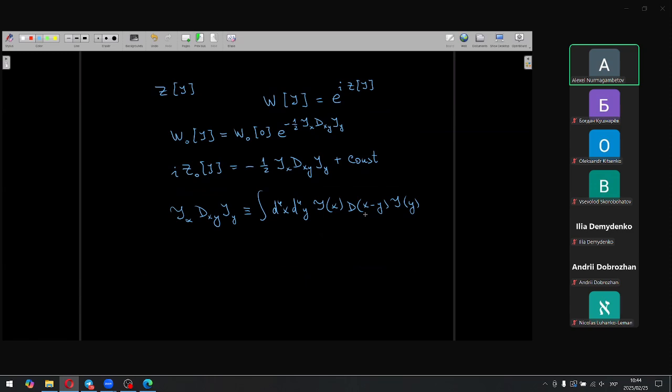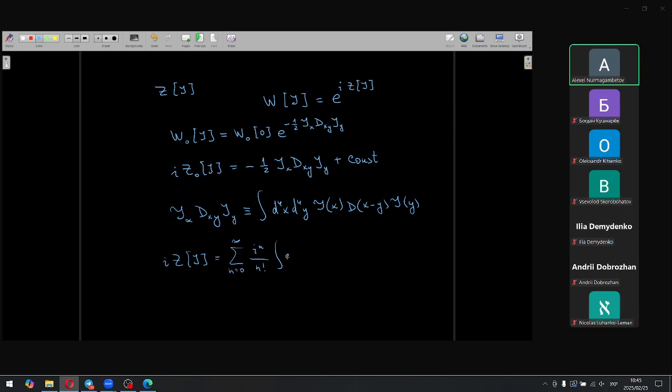So now, as in the case of W dependent on J, we can perform a sort of Taylor series for the functional Z dependent on J, and I Z dependent on J then turns out to be some sum from 0 to infinity with I to the power of n over n factorial.